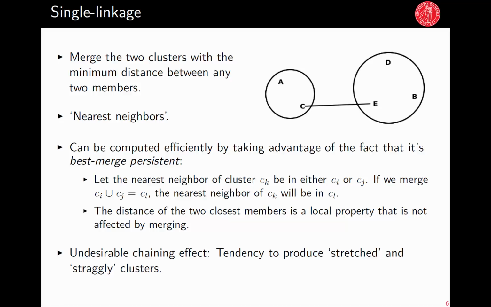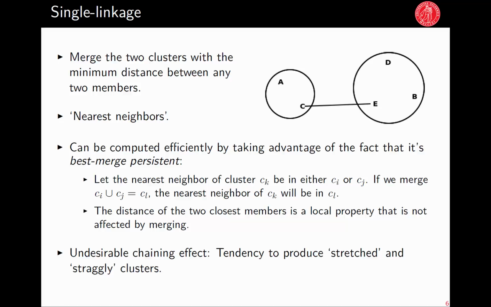And with the single linkage measure, what we do is that we just define the similarity, or alternatively the distance, between 2 clusters to correspond to the minimum distance that is seen between any of the members of the 2 clusters. So this is based on this by now familiar idea of nearest neighbor relations.